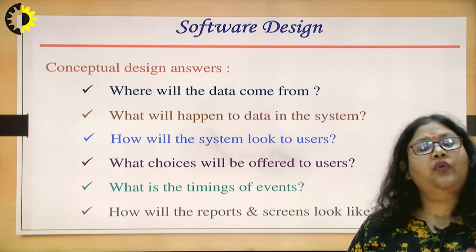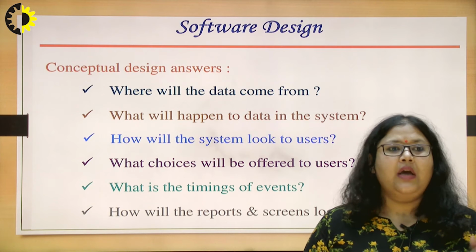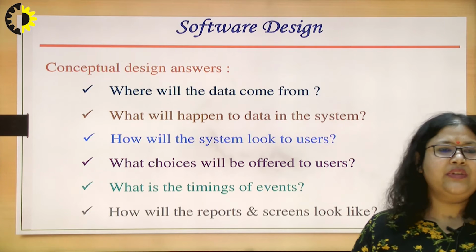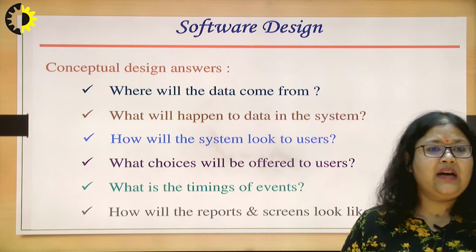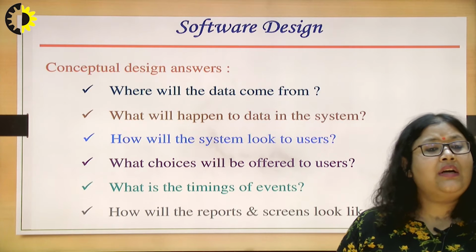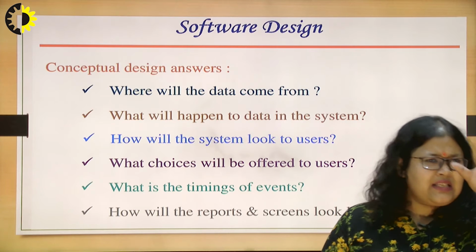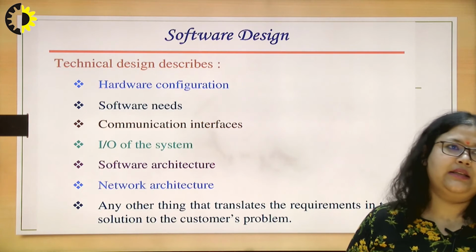Either the customer wants reports with historical diagrams, histograms, pie charts, or statistical charts, which type of charts we need, what the basic criteria of the screen is, what color we have to use, which color the user wants. So, these are some questions that we have to cover with the conceptual designs.